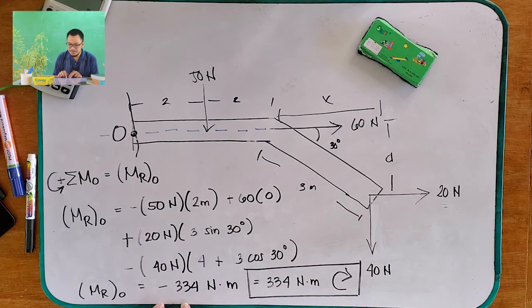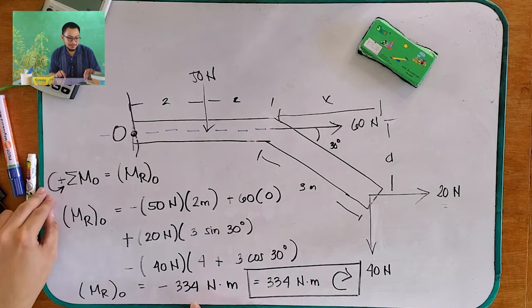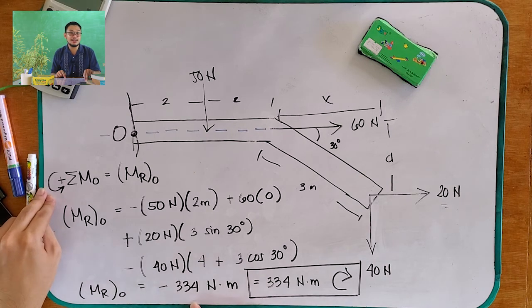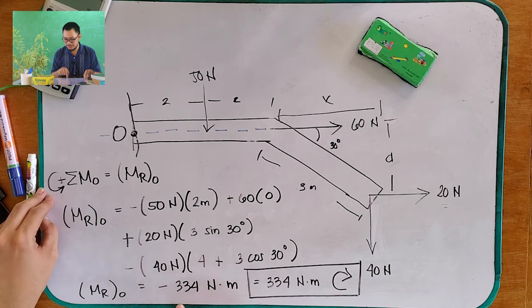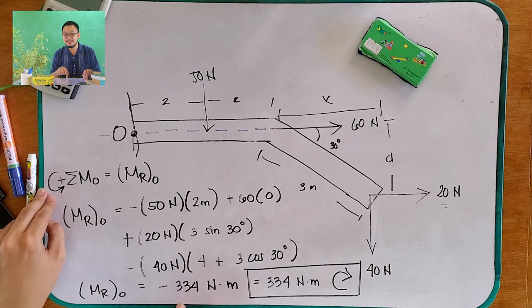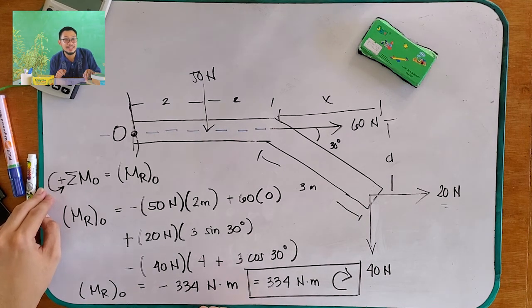So, therefore, since negative man ang atong answer dere, it means that we assumed the positive direction is going counterclockwise, but we arrived at a negative answer. So therefore, we can say that your moment is rotating the other way around since negative man.